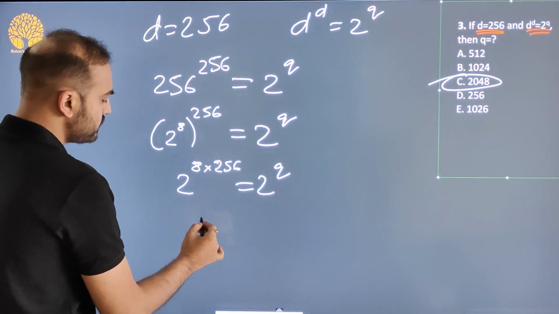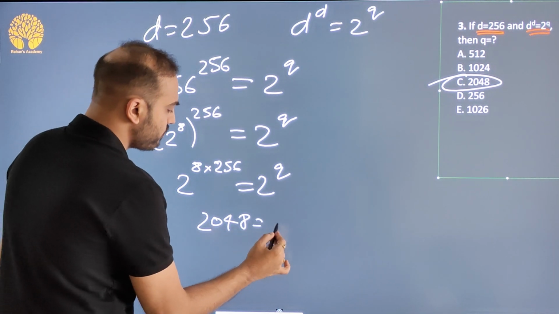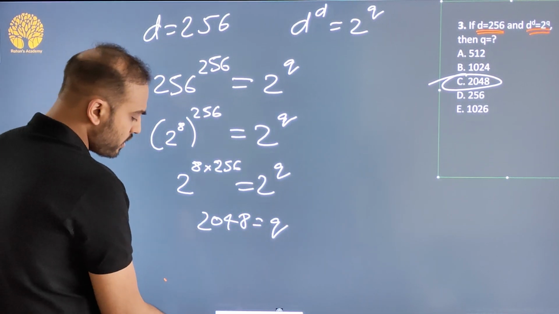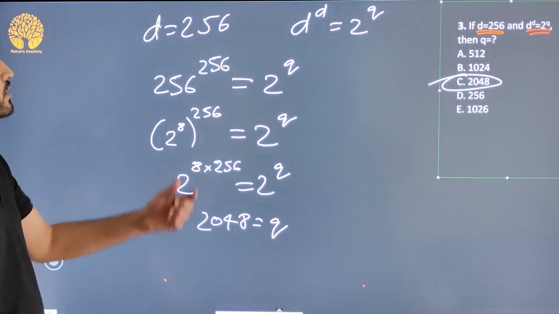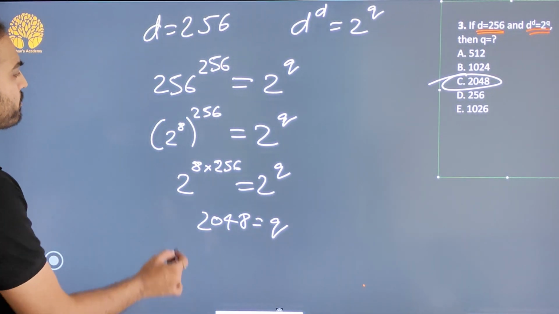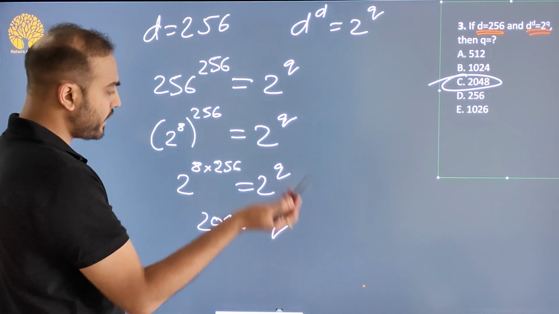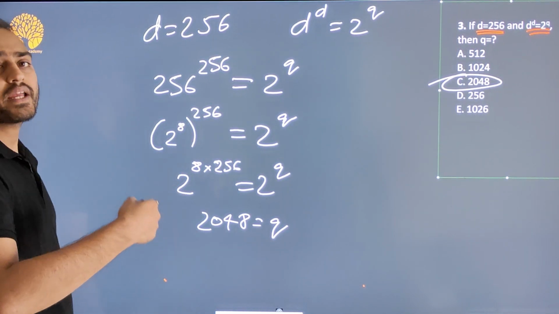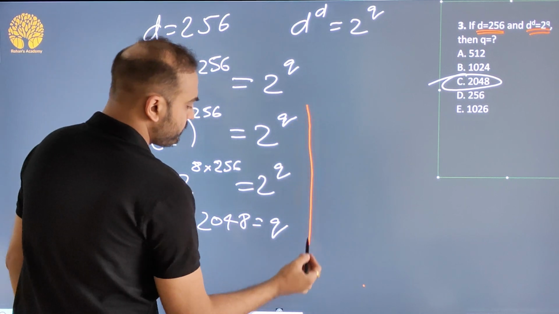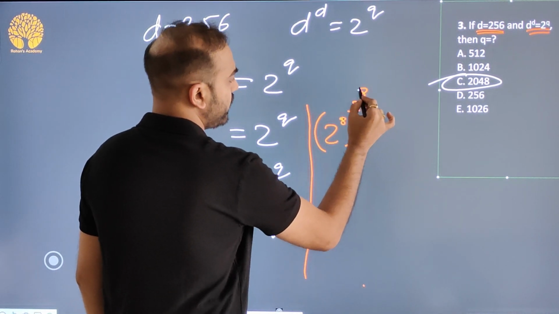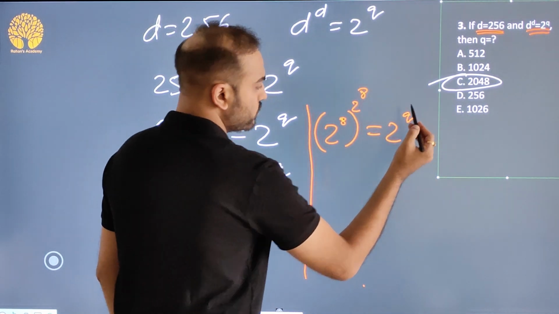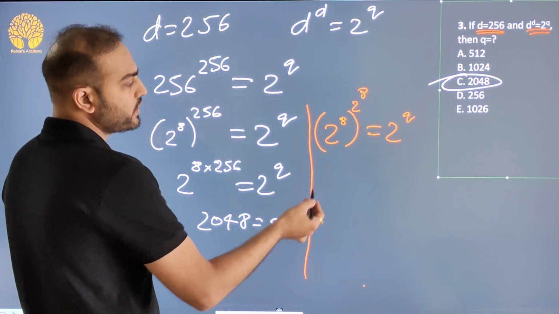q is 2048. Now, I told you don't convert this 256 again into 2 power 8. You can do that, you will get to the same answer, but you are just complicating your steps. If I write it as 2 power 8 whole power 2 power 8 as 2 power q, there is nothing wrong in that.